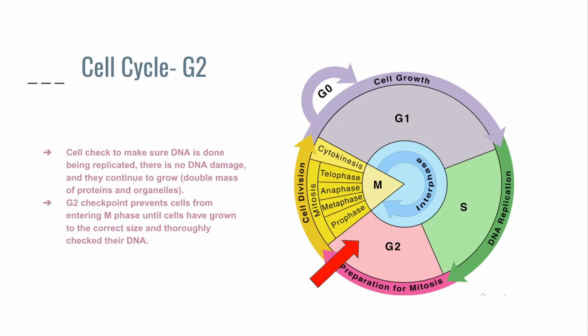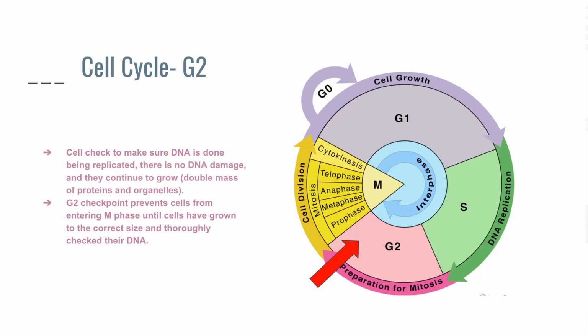All right, and then after DNA synthesis, S phase, we have G2, which is a second growth phase, where the cell is basically making sure that DNA is completely replicated and has been replicated correctly. The cell also needs to continue to grow to make sure there are enough organelles and enough physical size for the cell to divide during M phase.